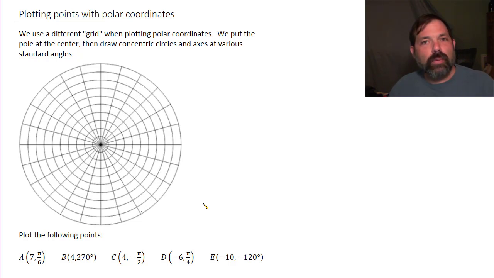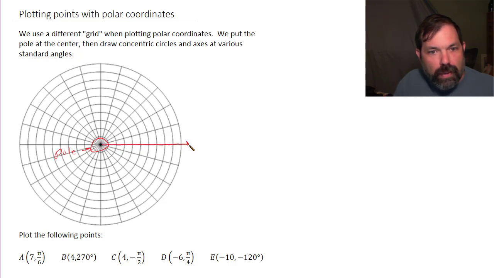So instead we use a grid that has concentric circles and radii and axes at various standard angles. We think of this center as the pole now, and this horizontal axis right here is my polar axis.